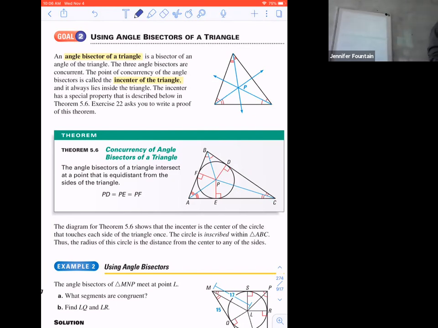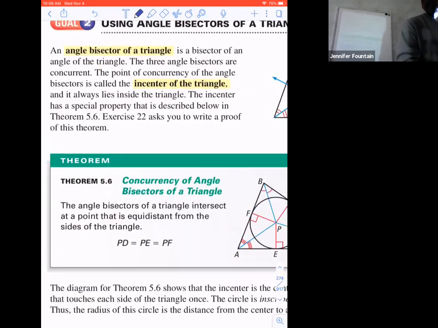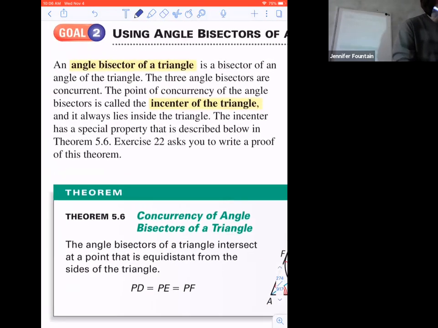So it says that an angle bisector of a triangle is a bisector of an angle of the triangle. The point of concurrency of the 3 angle bisectors is called the incenter of the triangle. So now we have angle bisectors. Going to cut each of those angles in half.